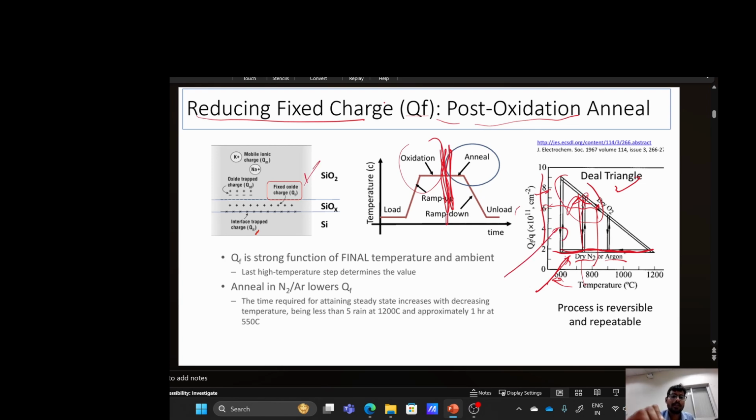Also, this is a state process, in the sense that it depends on the initial and final conditions, at what condition we finally remove the wafer from the furnace. So finally we need to remove the wafer after annealing it in the inert atmosphere.